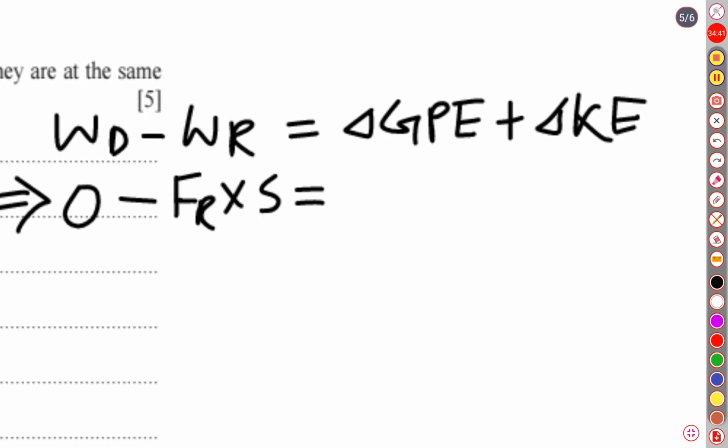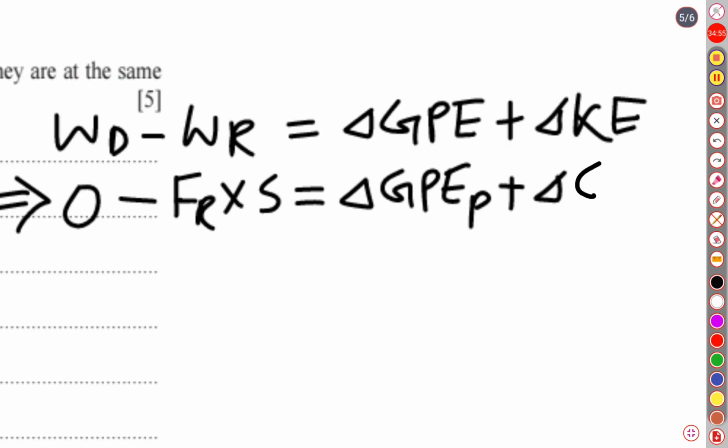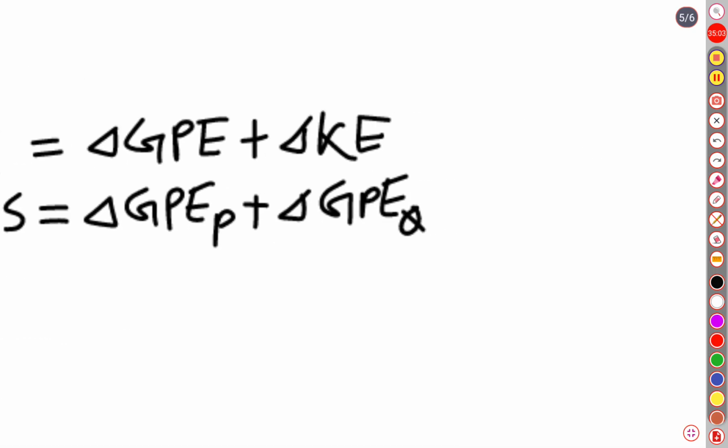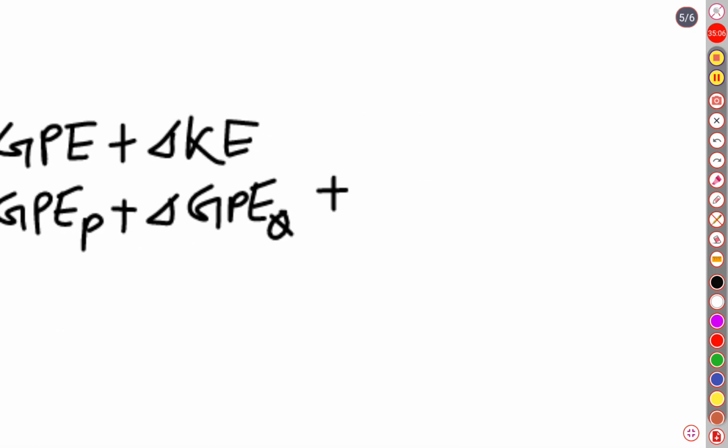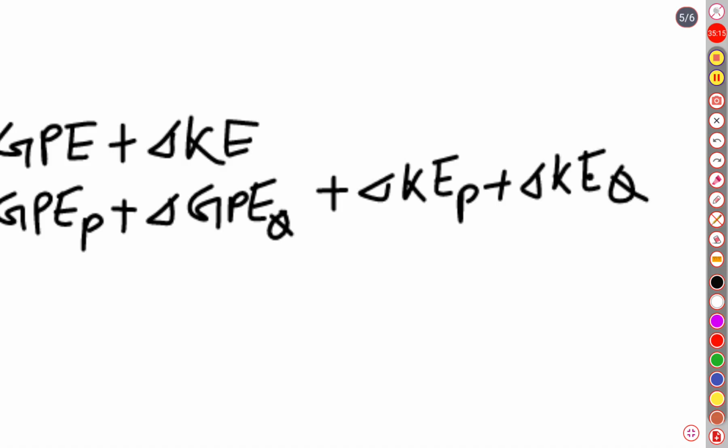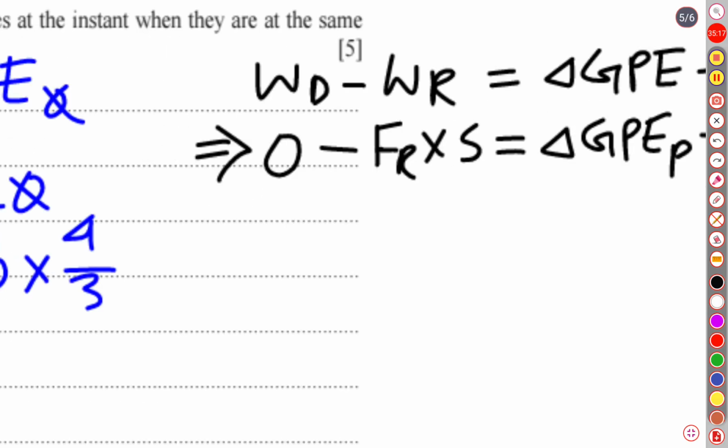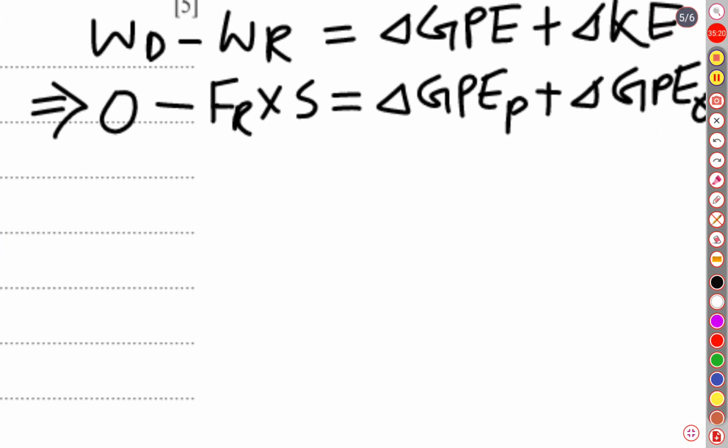Change in GPE is the sum of the change in GPE of particle P plus the change in GPE of particle Q, as there are two particles, so we calculate simultaneously. Then plus the change in kinetic energy of particle P plus the change in kinetic energy of particle Q.